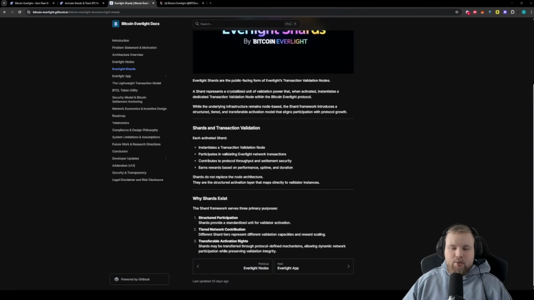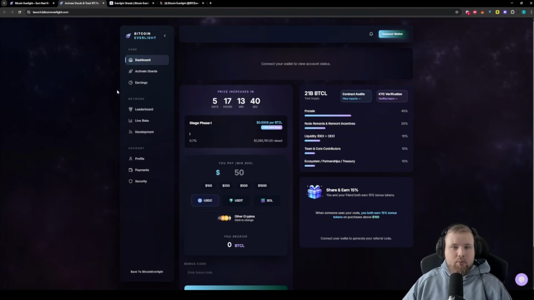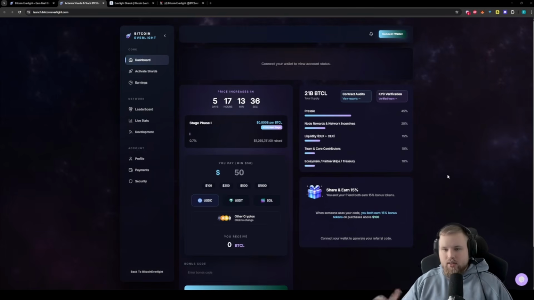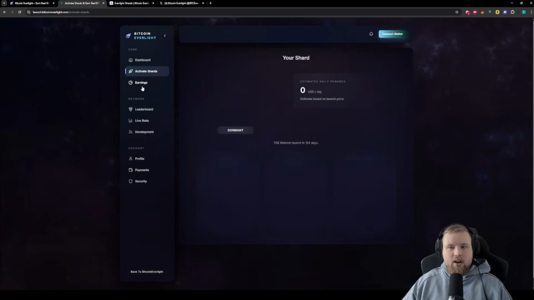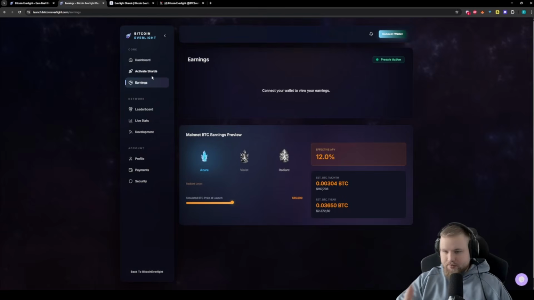So really cool. And we can also take a look at the dashboard that they got going on here, where the presale is running, where you can activate the shards, where you will be able to see the earnings that you got.